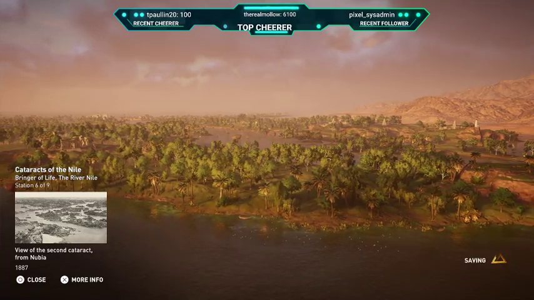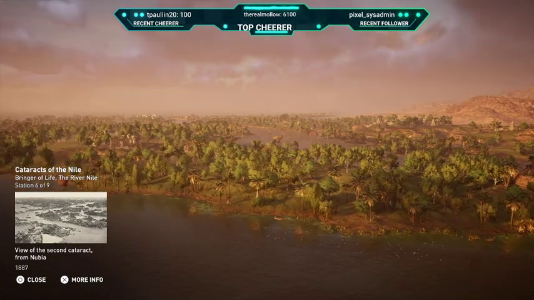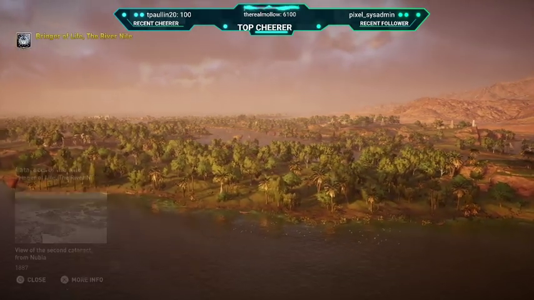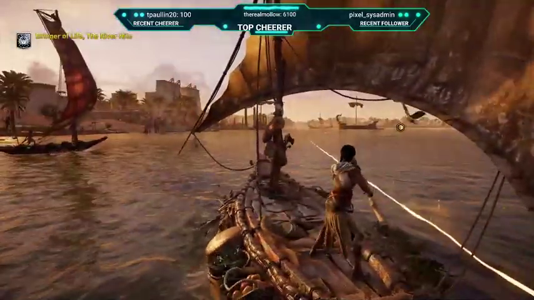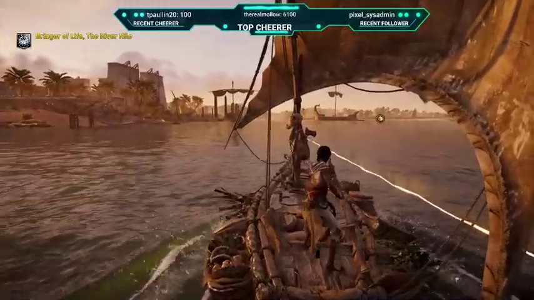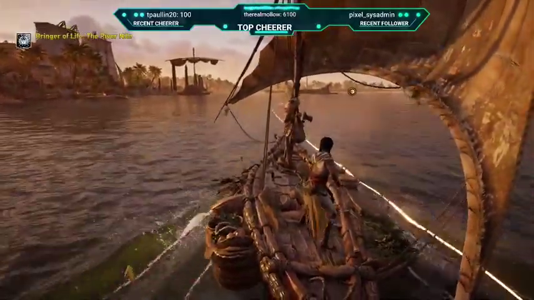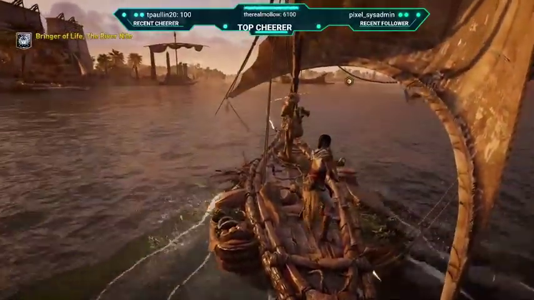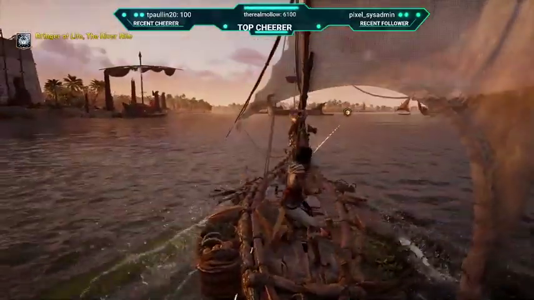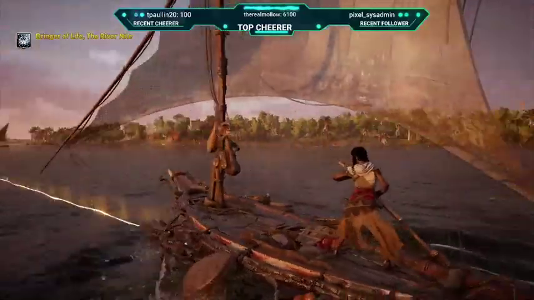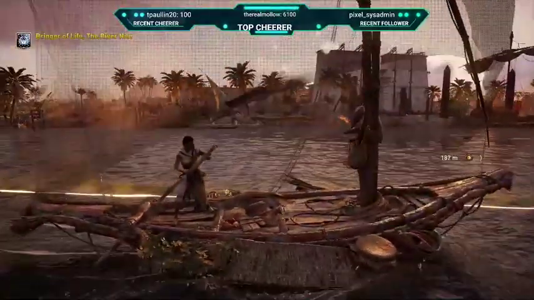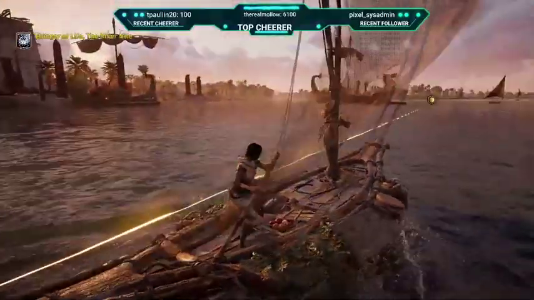Hello, Dante. How you doing, man? Oh, these ships keep getting in my bloody way. They really do. I keep telling them, get out the way, but they just don't listen. As you can see here on the right, there's trees, and on the left there is trees and some buildings.